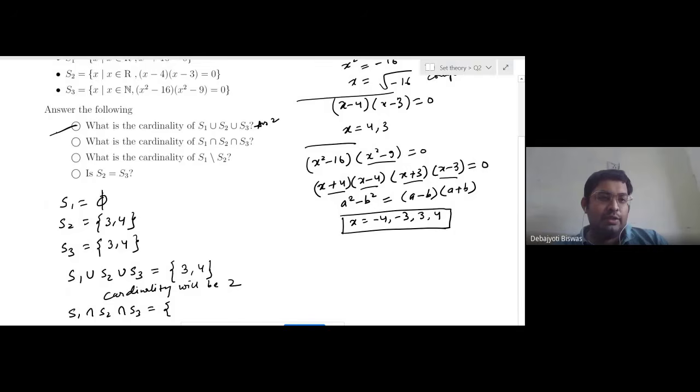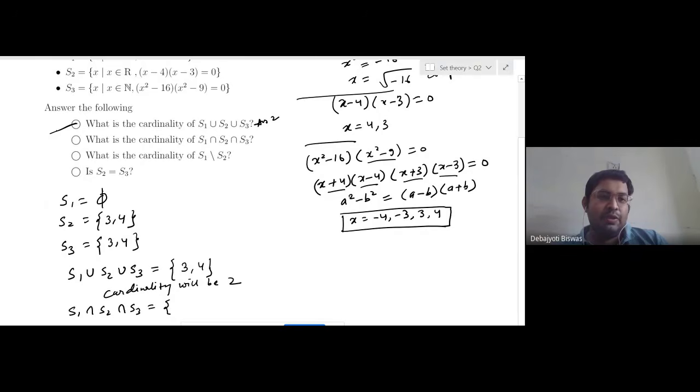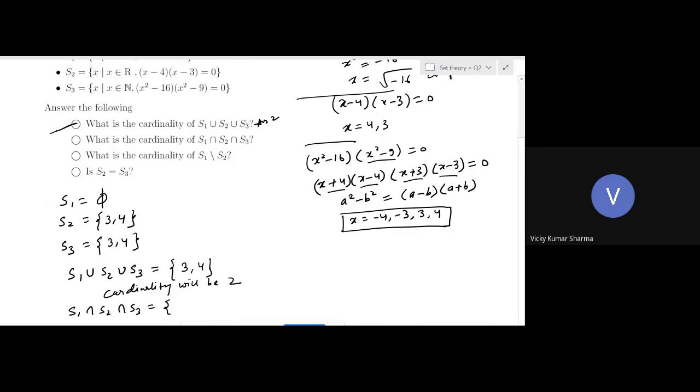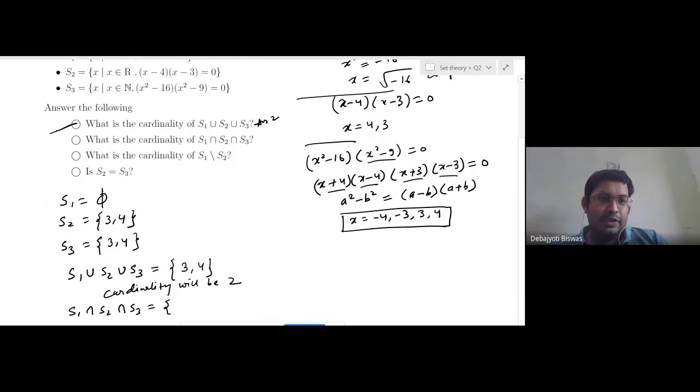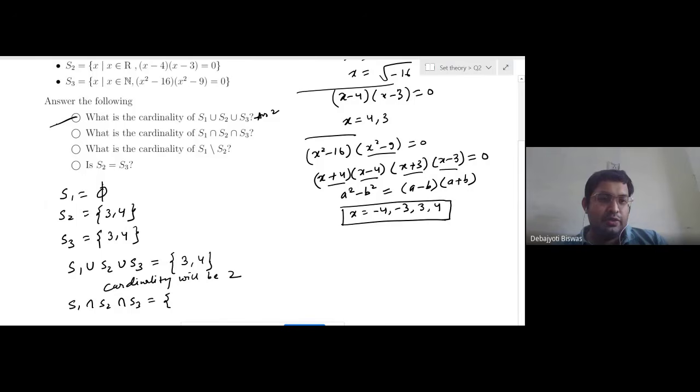Although S2 has 2 elements, there is no element common between S1 and S2 or S1 and S3. Although there are 2 common elements between S2 and S3, as S1 has no element, the cardinality will be 0, and there will be no element inside this S1 intersection S2 intersection S3.